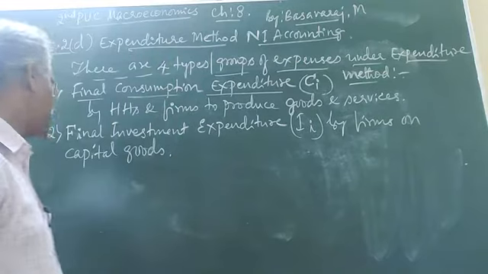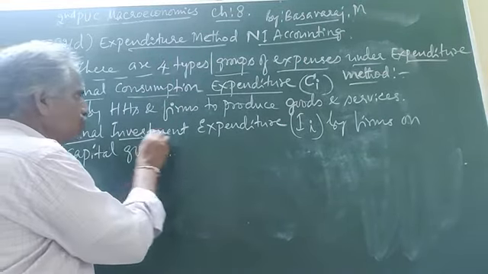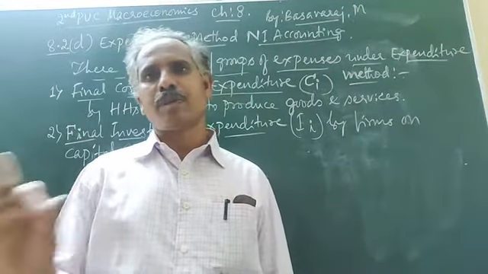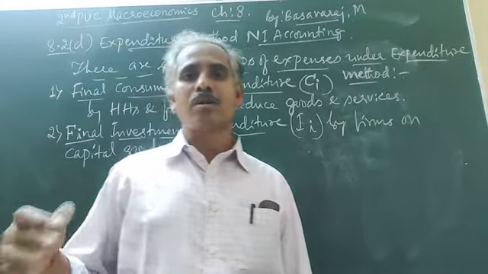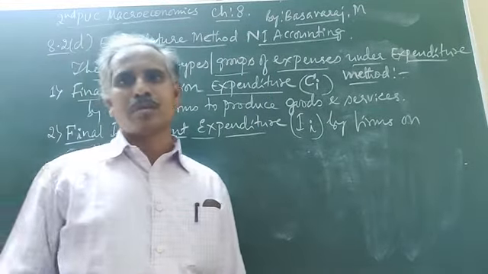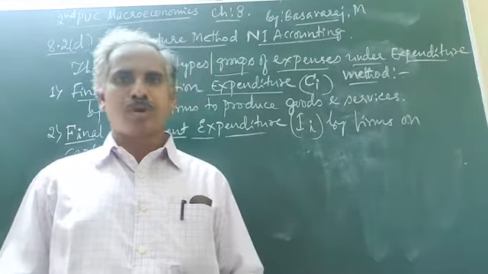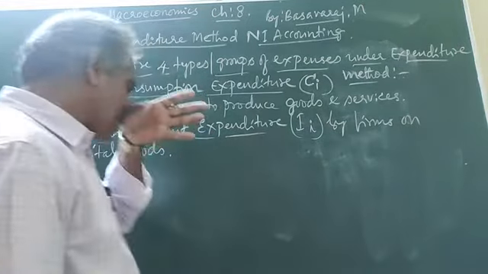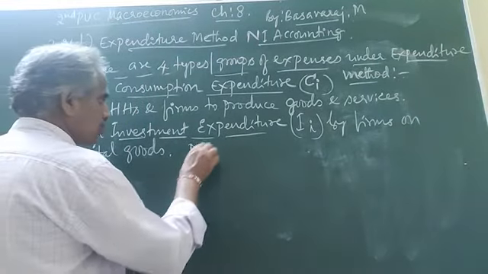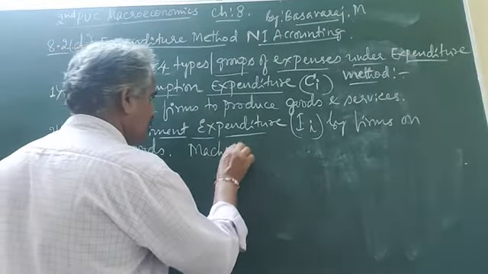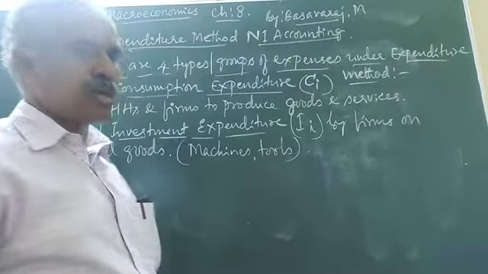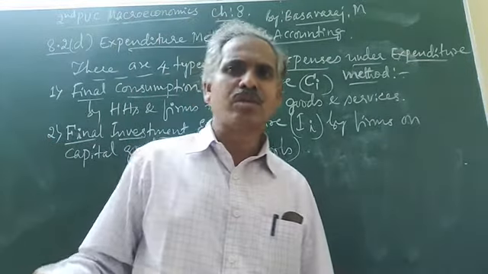We know very well, capital goods are the goods which are used in the production of other goods. A firm can use them as capital investment goods, such as machines, tools and others, which can be used repeatedly.